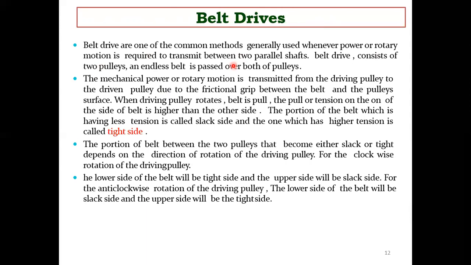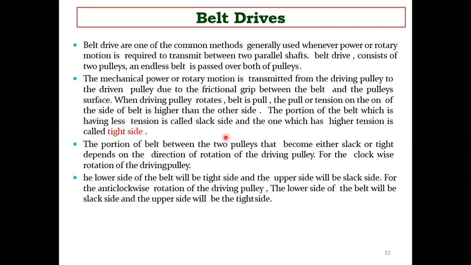This is the best example for whenever power or rotary motion is required to transmit between two parallel shafts. The mechanical power or rotary motion is transmitted from the driving pulley to the driven pulley due to the frictional grip between the belt and the pulley surface.